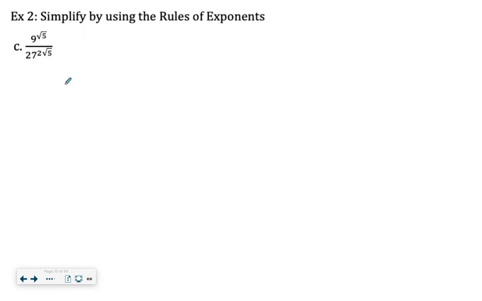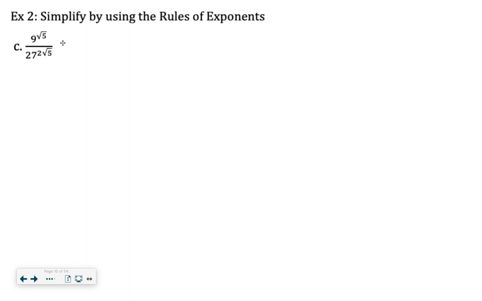Now this one, I do not have like bases. In order to use any of these rules, I have to have the same base. So I need to try to rewrite these with the same base. Both 9 and 27 are powers of 3. Okay? As we get further into this chapter, we're going to need to recognize things like that.